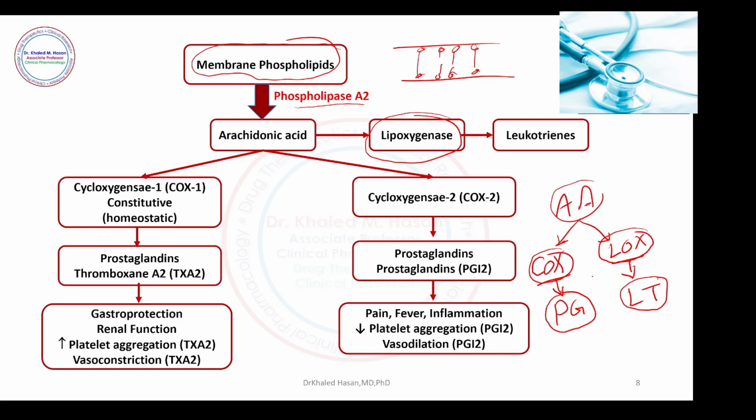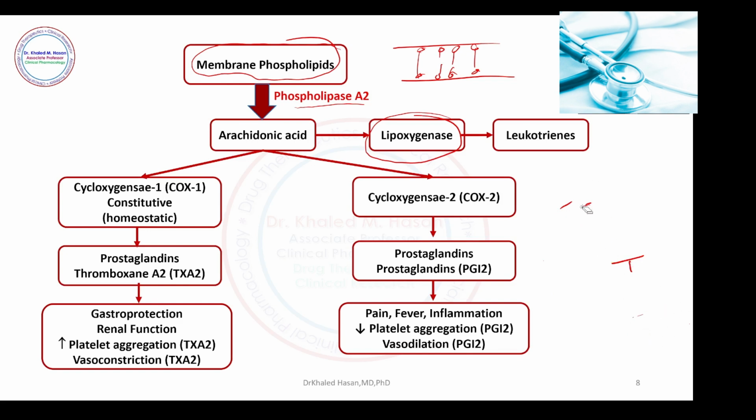Leukotriene is already covered in the topic related to asthma. We covered this in asthma and COPD, and I refer you to those lectures, which are already available on YouTube.